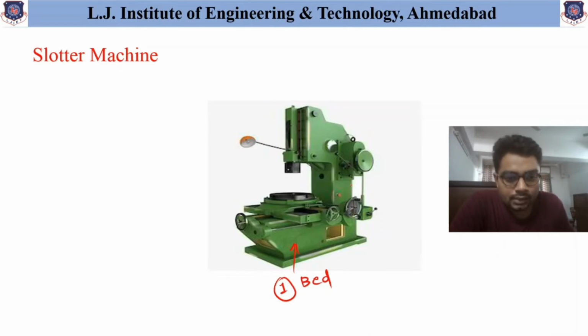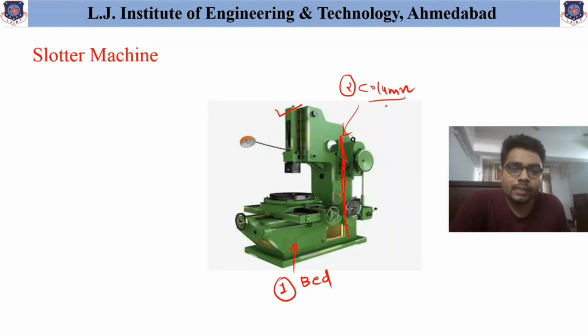Now the next major important part is called the column, and this column is the vertical part, as you can see over here, and this vertical part is used to support the main ram movement that is obtained in the case of the slotter machine.